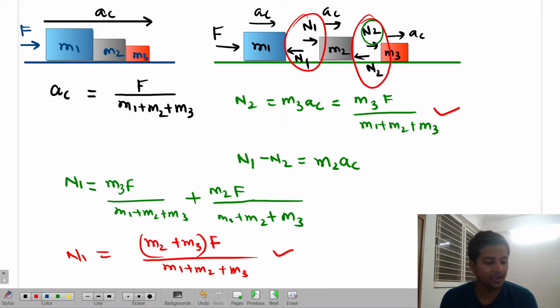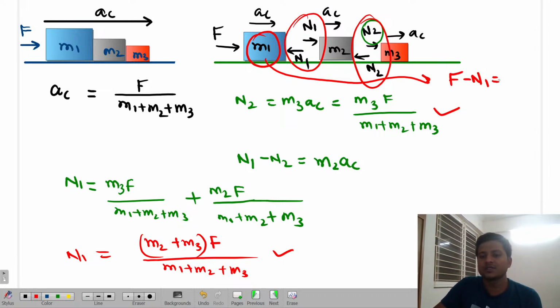Is that clear? Understood? And then I can write the force equation of M1. What can that be? F minus N1 is equal to M1 into the common acceleration AC. Are you able to get me or not? Understood? Perfectly?